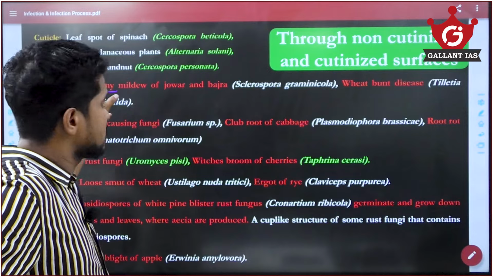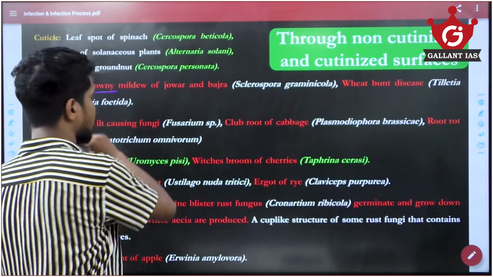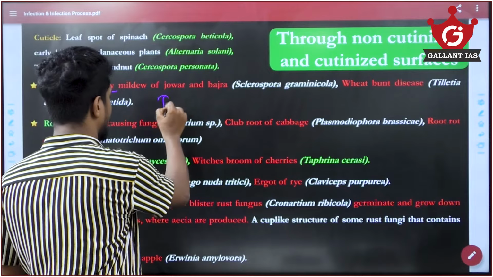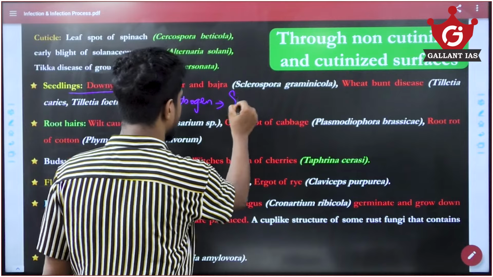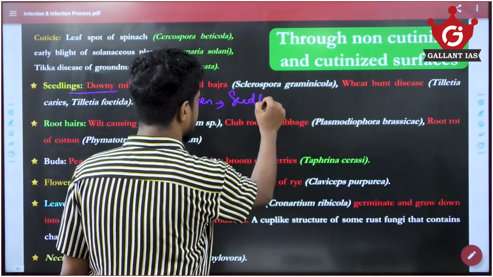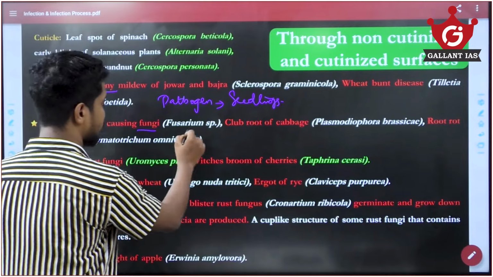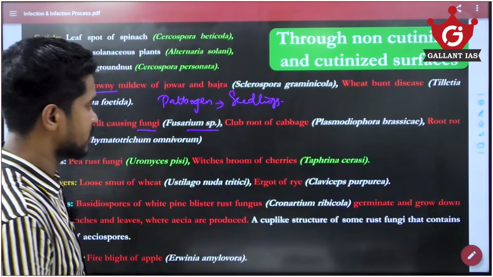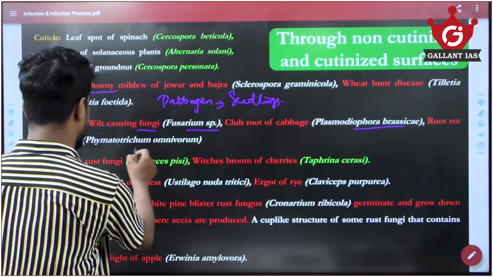These diseases are caused by these pathogens entering the plant through seedlings.